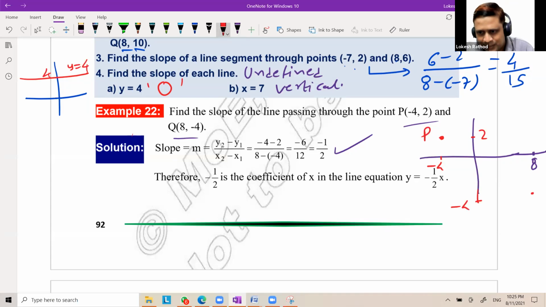So it's this point, and the line is passing through this point. As you can see, it's a decreasing line, so slope is negative. So negative slope, decreasing line; positive slope, increasing line. I'm repeating again and again, but that's an important thing, right?